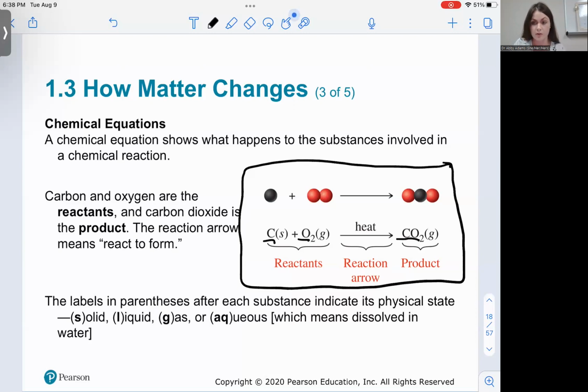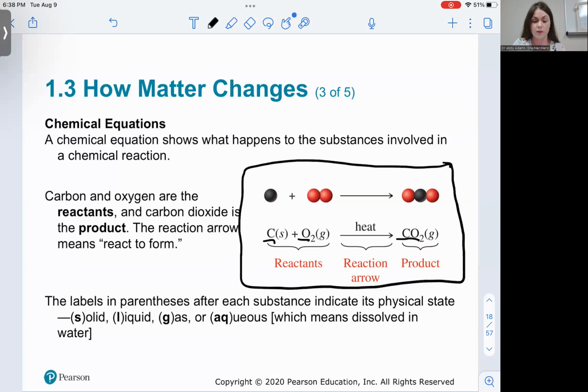Carbon and oxygen in this particular example are the reactants, right? You have that coal, you got the carbon, you've got oxygen there, right? And they are reacting together, with applied heat, and they are going to produce something. Like when you react, it's a response. What is produced?